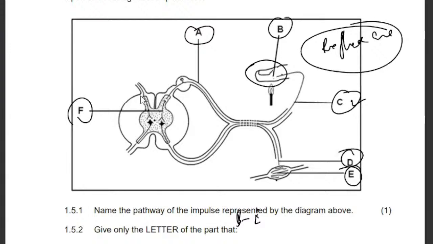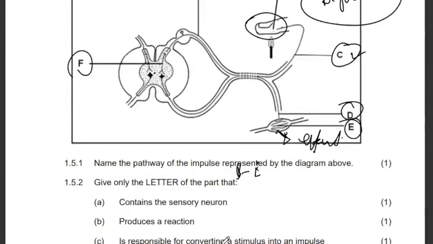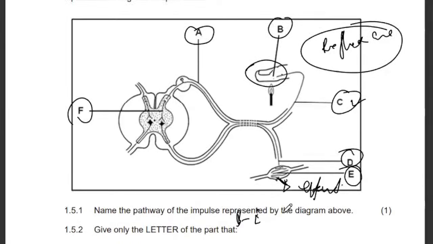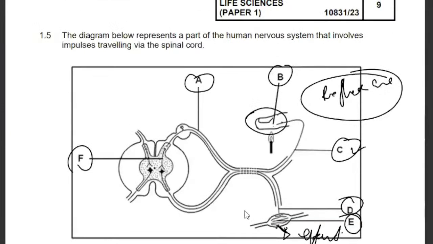Then they are saying give only the letter of the part that produces the reaction. So this is the one which produces the reaction or the effect. That's why it's called the effector. So it brings about the reaction. And then you're saying what is responsible for converting the stimulus into a nerve impulse. So it converts the stimulus into a nerve impulse. So the answer becomes B. You understand why?